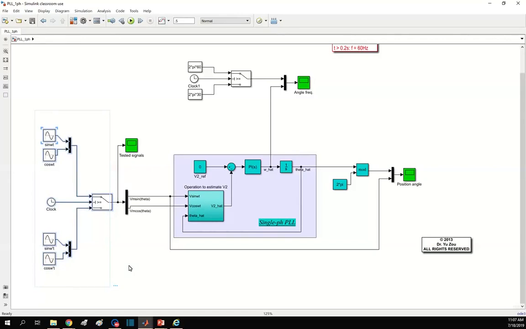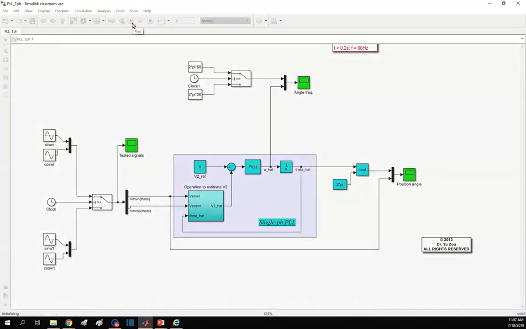Before that moment and after that moment, we have two different frequencies and two different positions. We will see that from the output. And this portion is trying to observe the estimation of the angular frequency omega. These are the actual angular frequencies to be compared with the estimated one here. So we will see how they work.